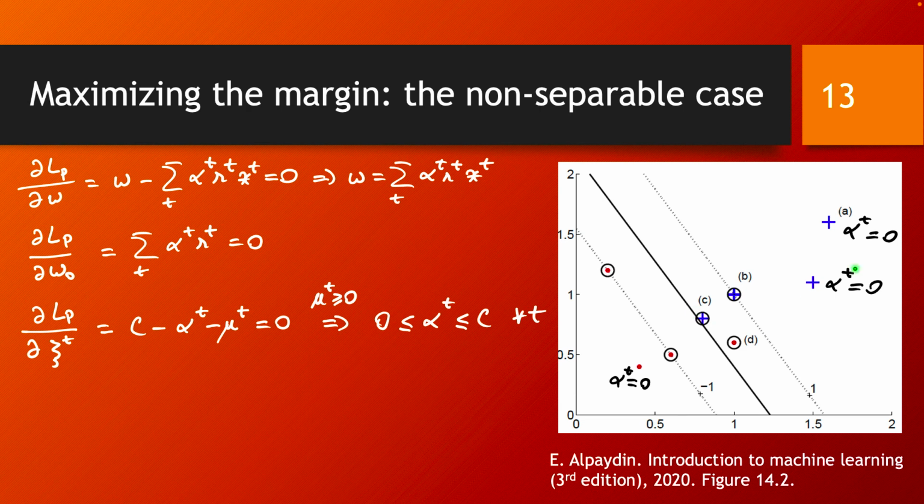For those that have alpha t larger than 0, we have this idea that they are the support vectors. So they are the ones defining our W, and they are indicated in this figure with these circles around the data points.